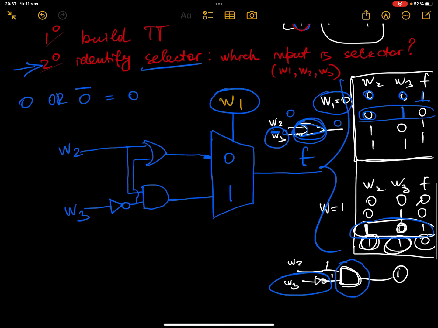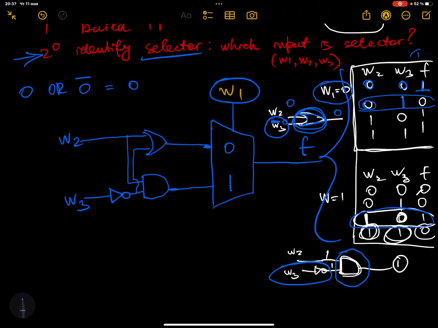First block, when the selector W1's value is 0, and the second block. Out of analyzing these blocks, you guess and check. You guess what gate you're going to use for each block, and you also guess and check whether inputs are going to be negated or not. By testing, you find the final circuit.